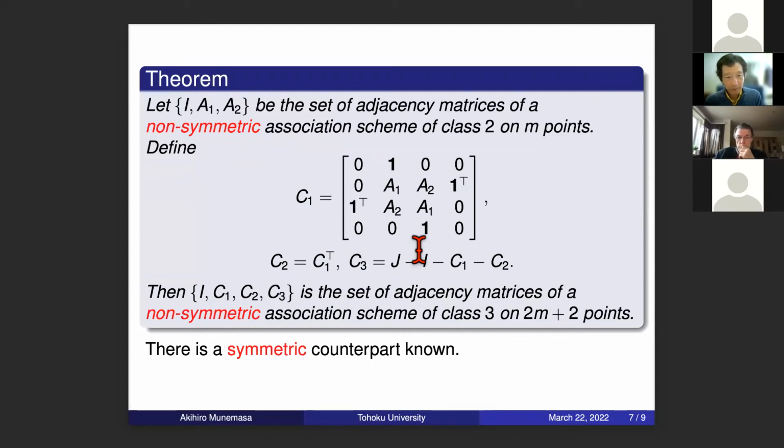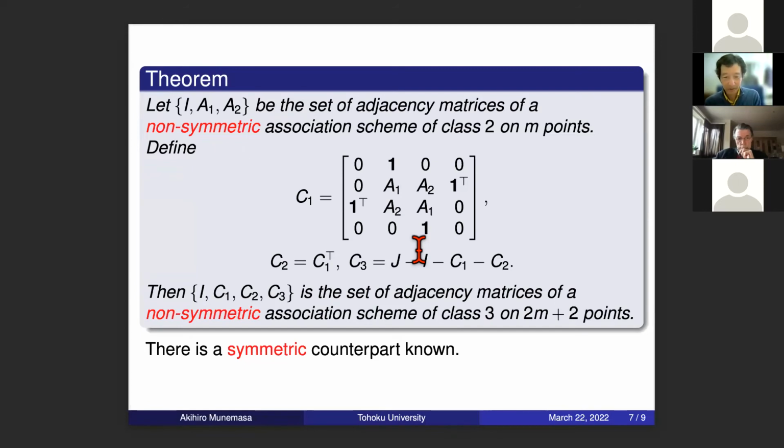And then, given a strongly regular graph, can we construct a symmetric association scheme of class 3 on 2m plus 2 points by a similar construction? Well, it turns out that this symmetric counterpart, the symmetric analog of this theorem, is classically known.